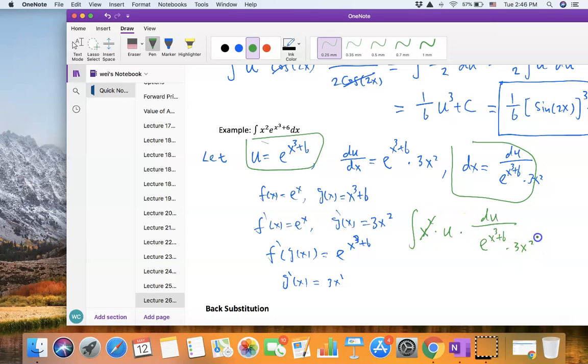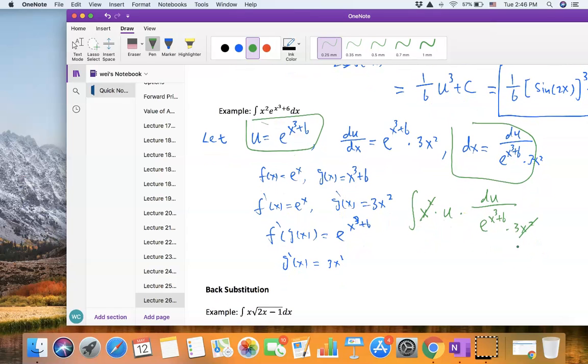So after we cancel out x squared, we still have this x left in the function.